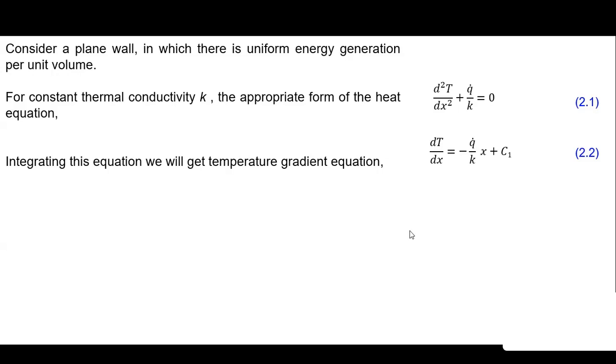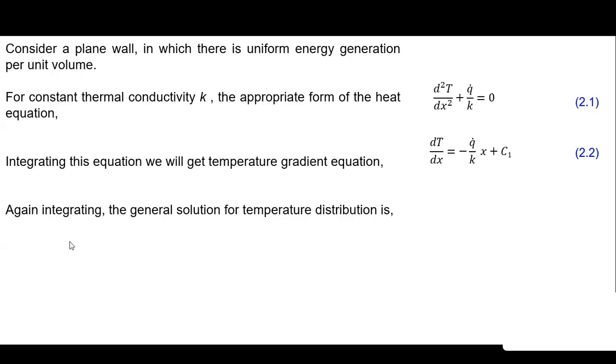Now once again, if you integrate it, the general solution for the temperature distribution is obtained, and it is in the form like this. So on reintegration, T is equal to minus Q dot upon 2K into x square plus C1 x plus C2.